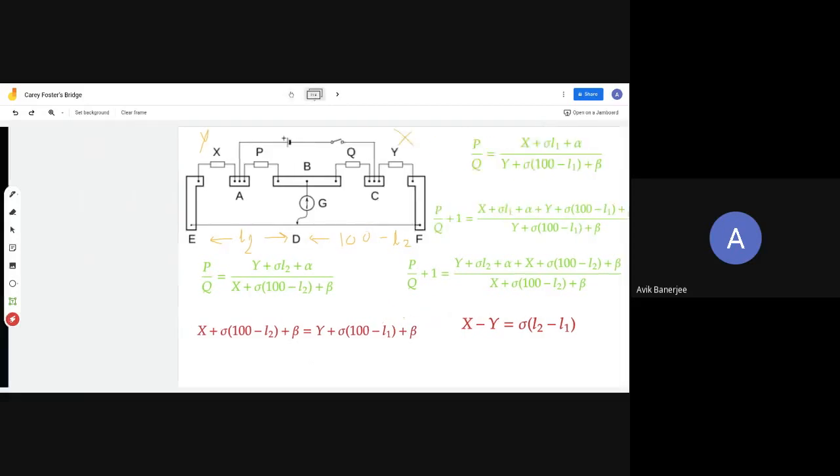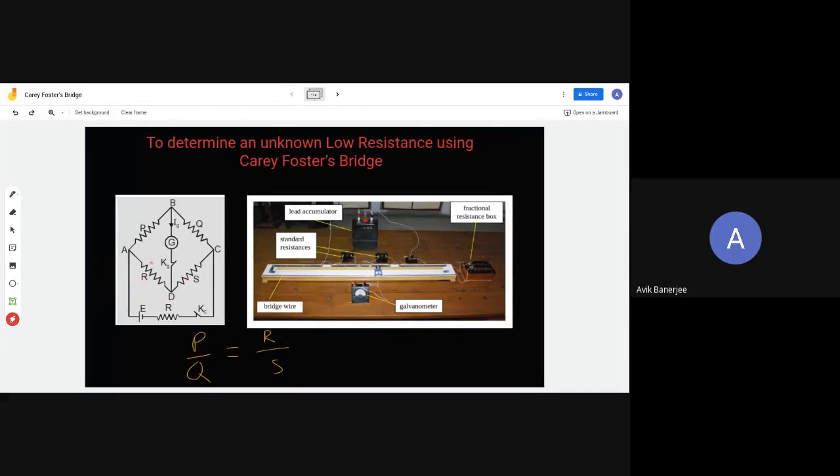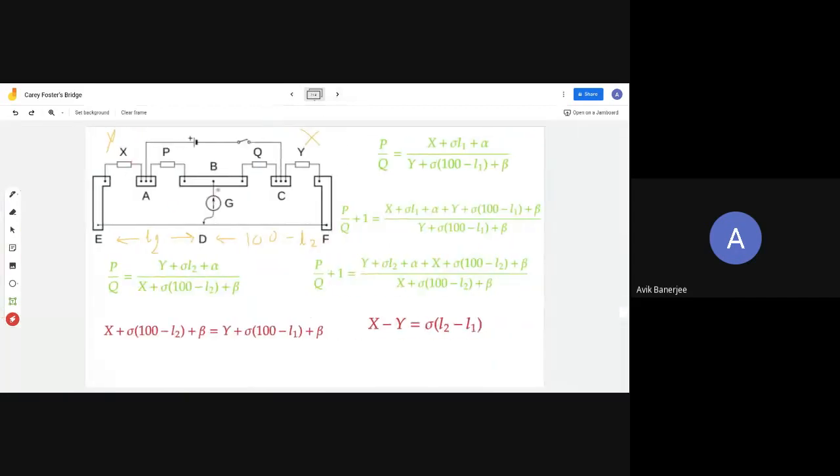If we remember the Wheatstone bridge principle, we know P and Q, we know R, and we find S. Similarly, in this construction, we know P and Q, we know X, so we should be able to find Y. That is our goal, the unknown resistance.